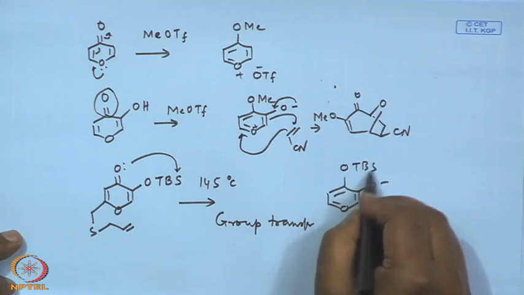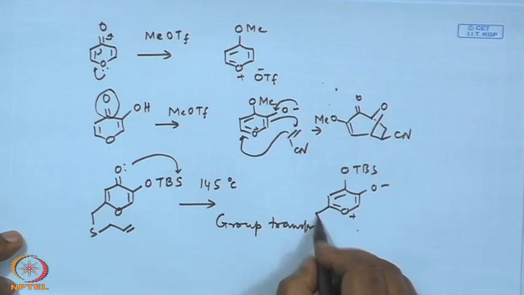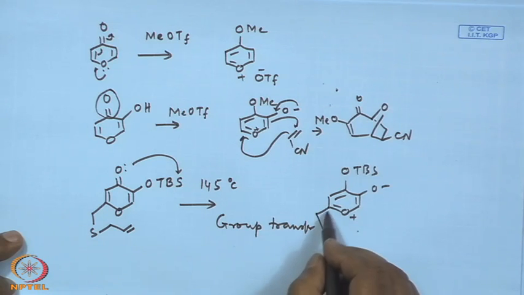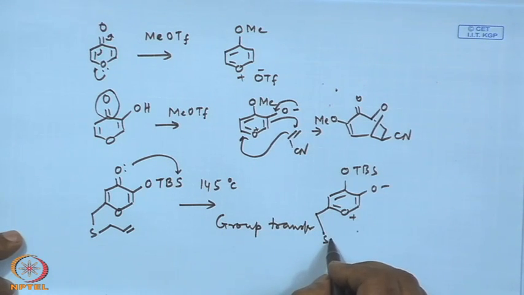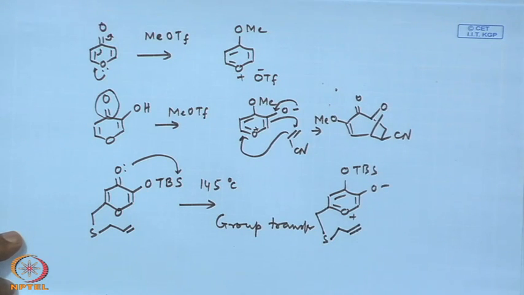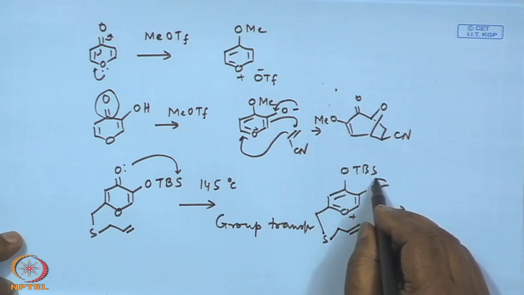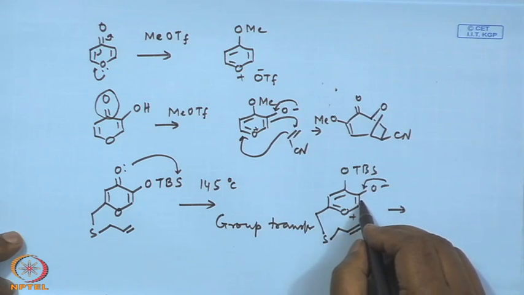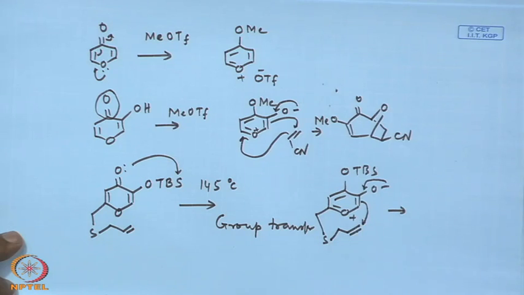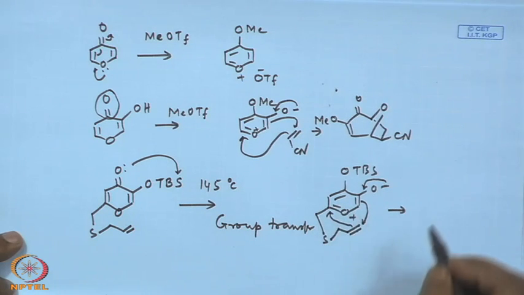So once this occurs, what you get is again an oxido pyrylium ion, that is it, and the rest of the thing is as usual. Then you have a sulfur and an allylic system here, and by virtue of the geometry, these two positions would react at this end, and the double bond now moves to the pyrylium ion.